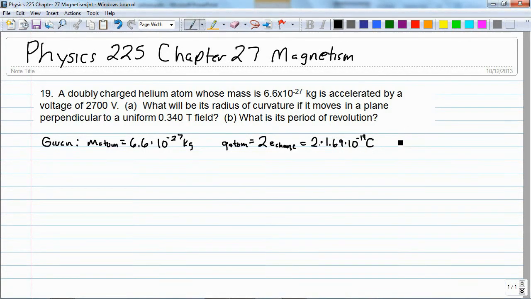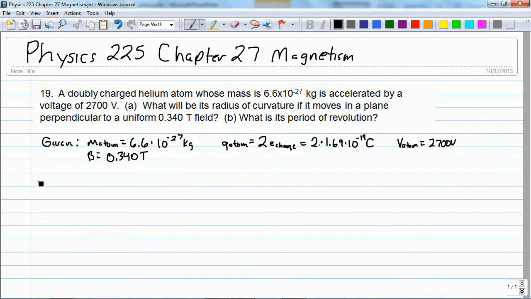We have the potential of the atom equal to 2700 volts, and the magnetic field is 0.340 Tesla.